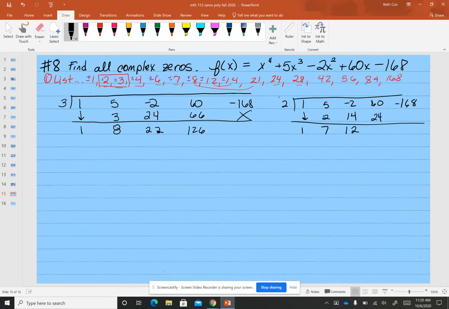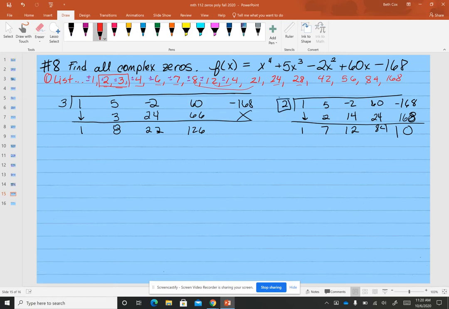It's 24. That gives me 84, and 2 times 84 is 168. It's so weird how it does that over here on the corners. 168. All right, so 2 worked. Yay, 2 is my first answer.